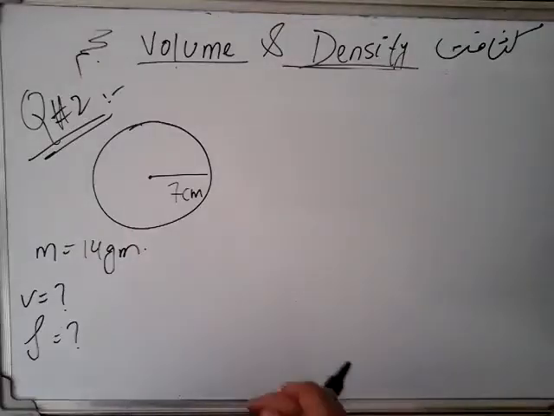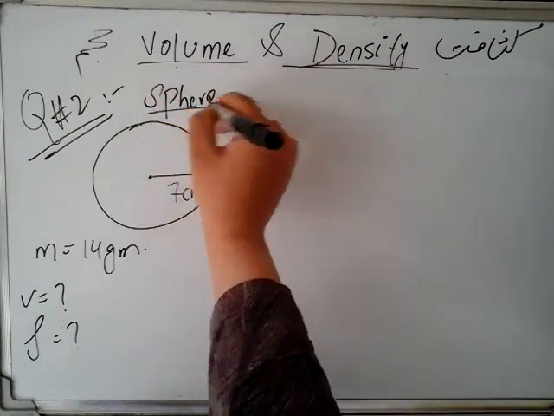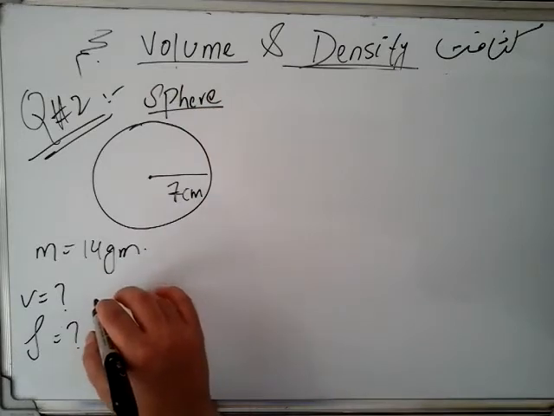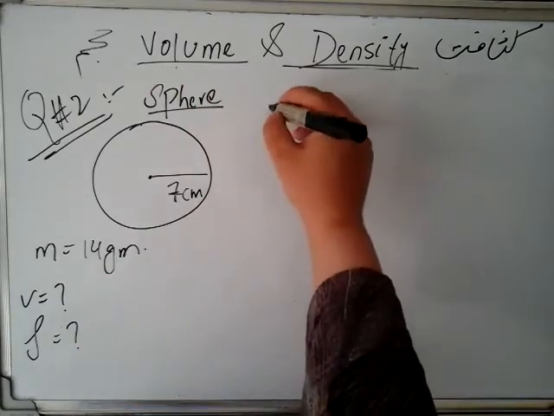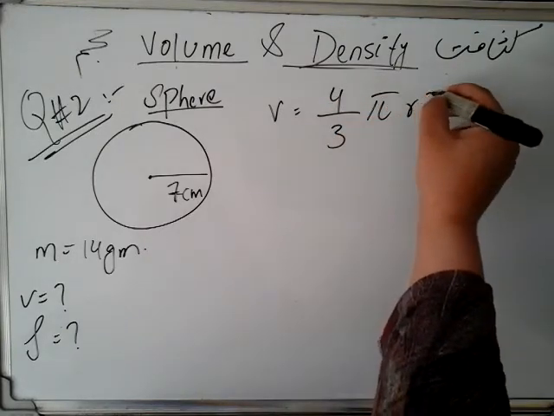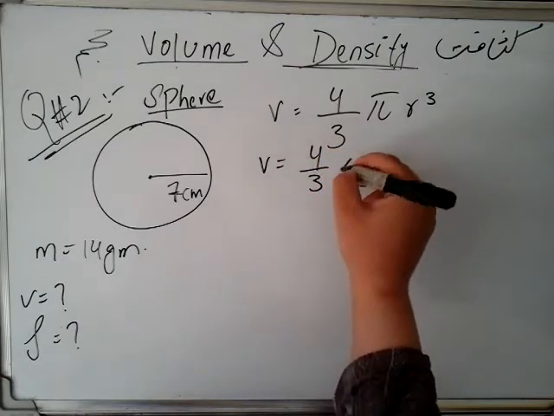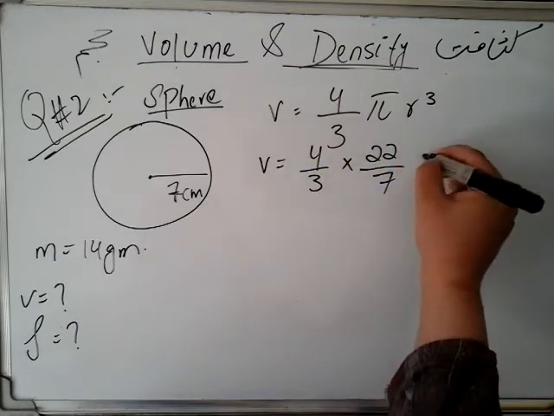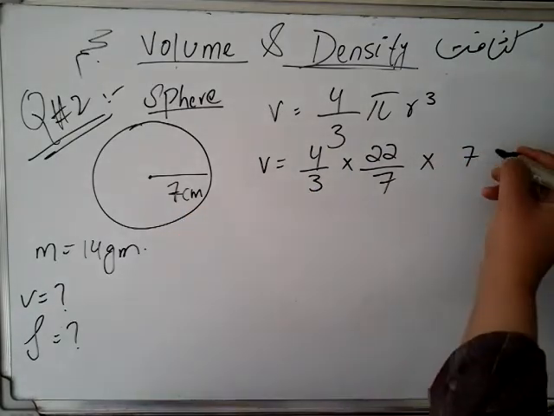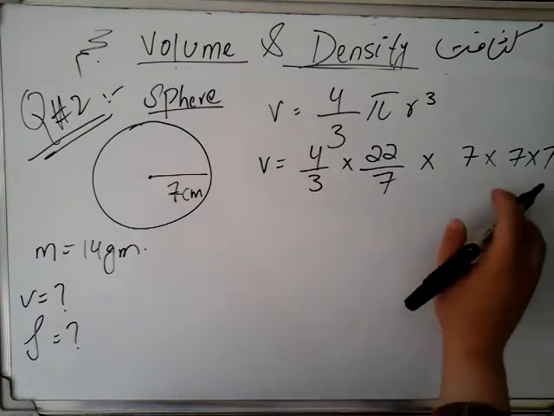So suppose there is a question that a sphere having a radius of 7 centimeter, and you have to find its volume and density. So volume of the sphere, we know that it's 4/3 pi r cube. Now we will put the values. 4 over 3, value of pi is 22 over 7, and radius is 7 centimeter, cubed. So you have to multiply 7 three times.